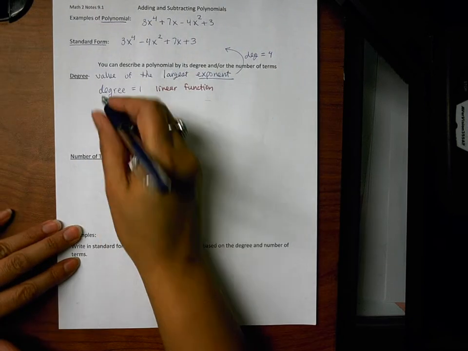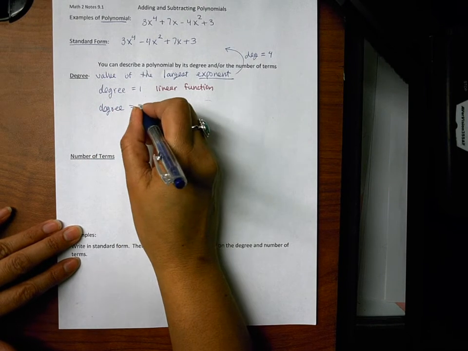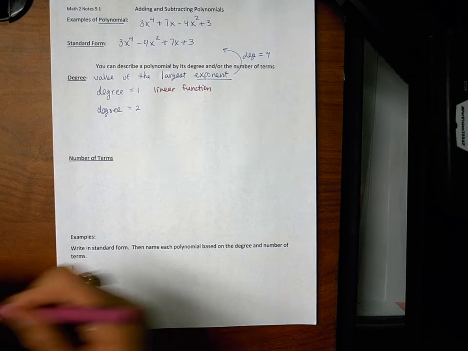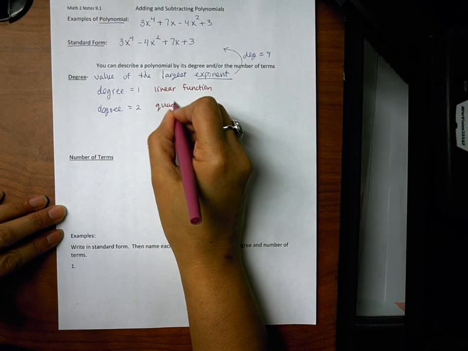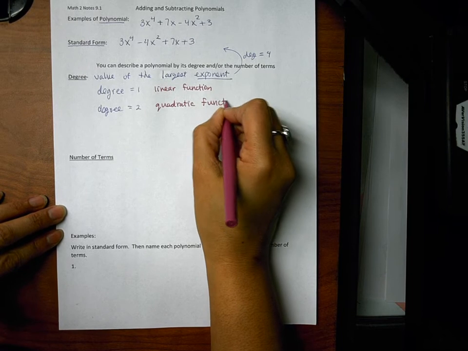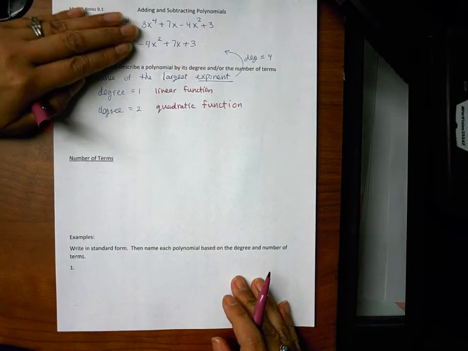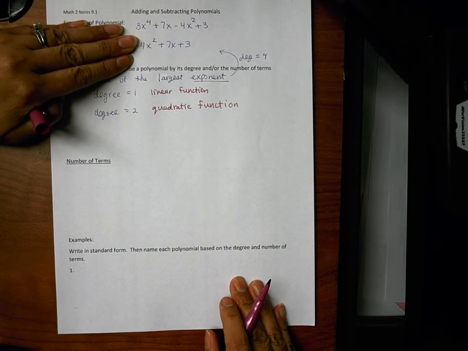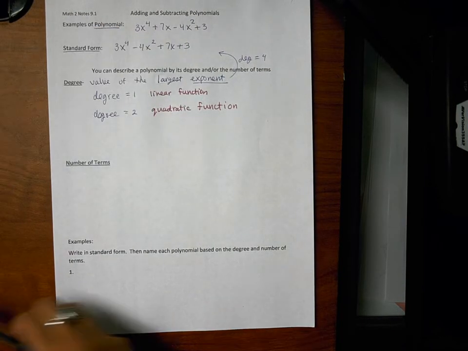You'd call that a linear function. If the degree equals 2, we call that a quadratic function. If it was something like 4x squared plus 7x plus 3, that would be a quadratic.